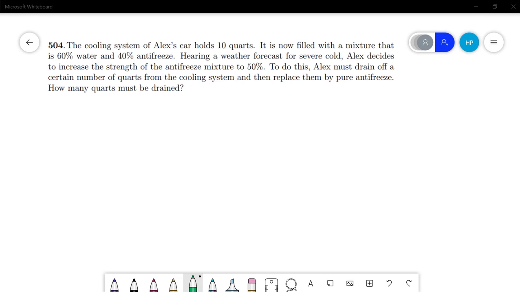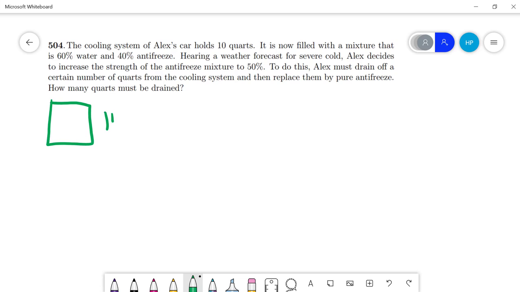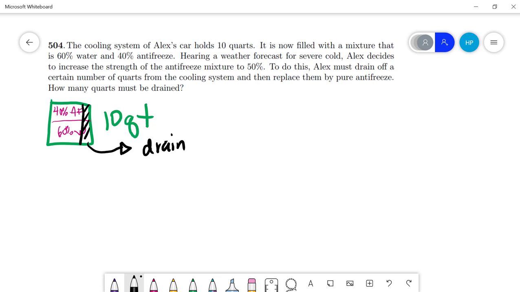So, we started and we know that 10 quarts is how much we have altogether, and 60% of it is water, and 40% of it is antifreeze. And then we're going to take some of that, and this is what we drew in class, and drain it. But then we're going to add back in pure antifreeze.